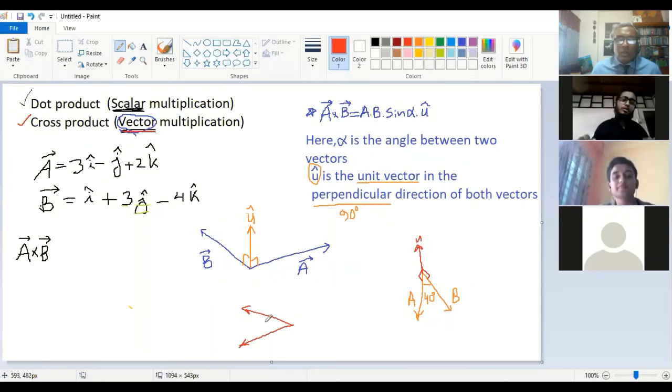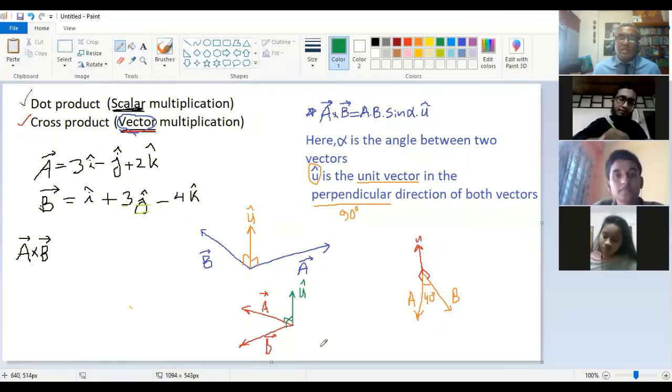So what will be your u? Your u vector will be perpendicular, 90 degrees with both. So it will be like this, so that this angle is 90 degrees and also this angle is 90 degrees. This is the understanding. Is that okay? Yes, sir.